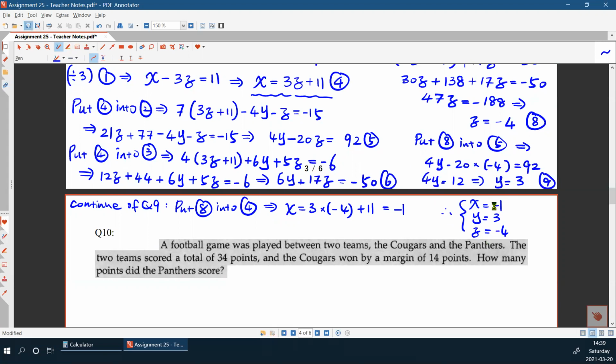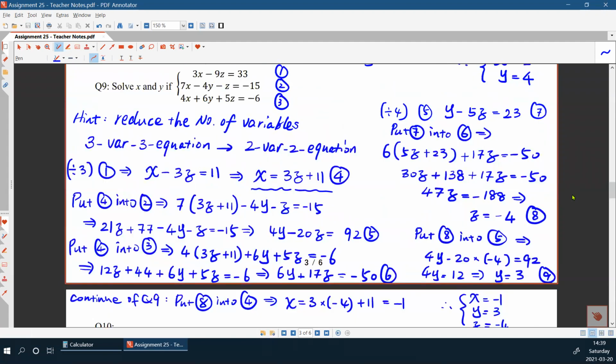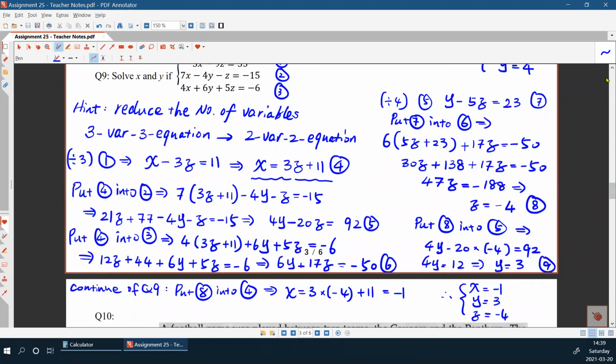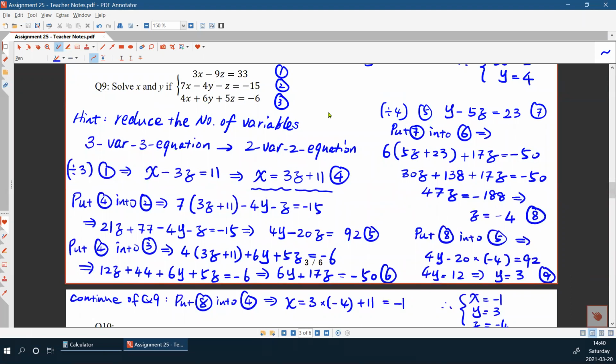Okay, have a look at that. Any questions? So did you get this method? The key is to reduce the number of variables. We convert the 3-variable 3-equation system into a 2-variable 2-equation system, and then use the same method we discussed before to solve it, and then put the solved 2 variables into any of these equations to solve the other variable, right?